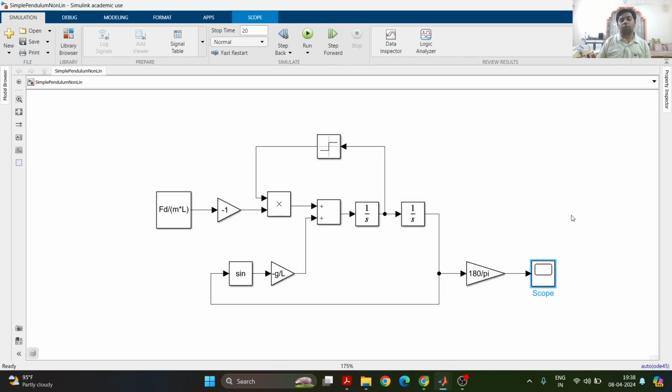Yes, so we are already saying this minus Fd by mL and then reversing the sign. Let us say the angular velocity is positive from this block, then by multiplying by minus 1 we are actually reversing it.